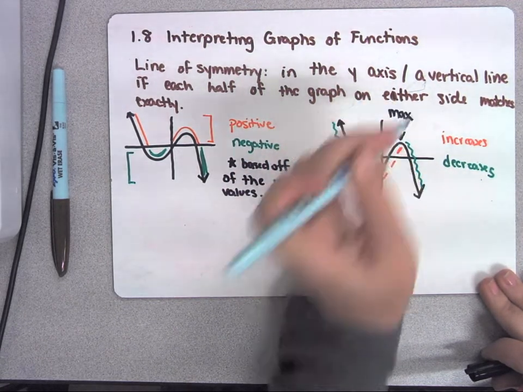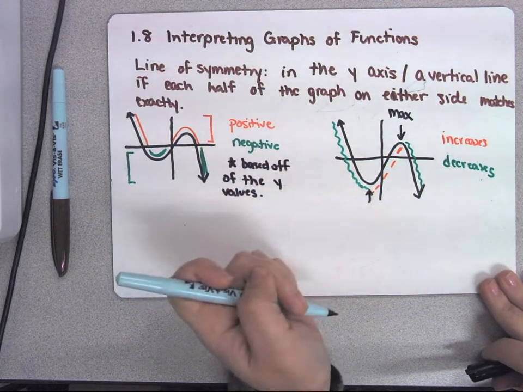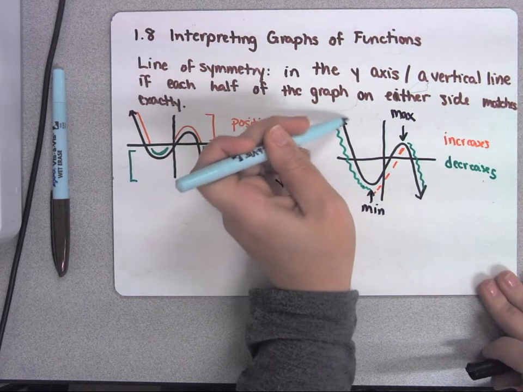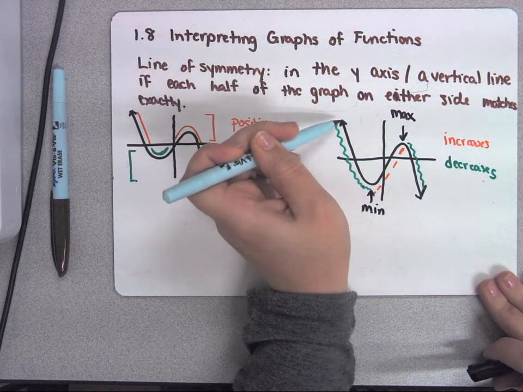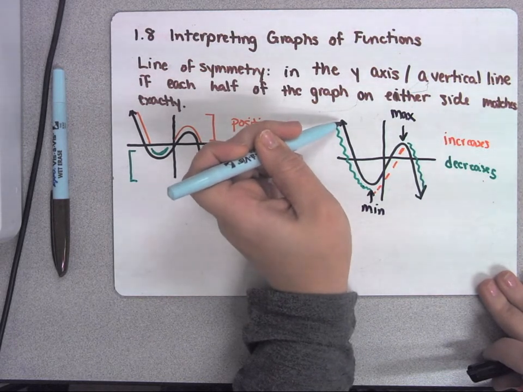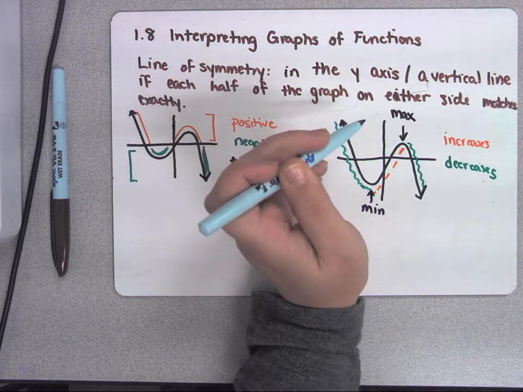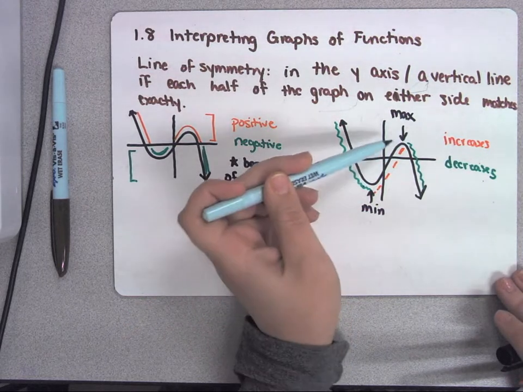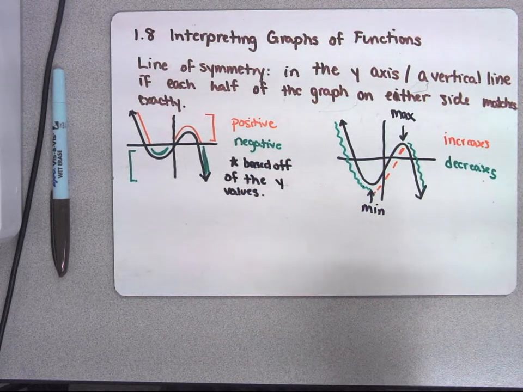And what do you think this guy's called? A minimum. Can I call something that's going on with an arrow a min or a max? No, because we don't know where it ends. So they call them relative min or relative max. I just call them min or max. They are the highest or lowest point in that area. So you'll also have to be able to label that.